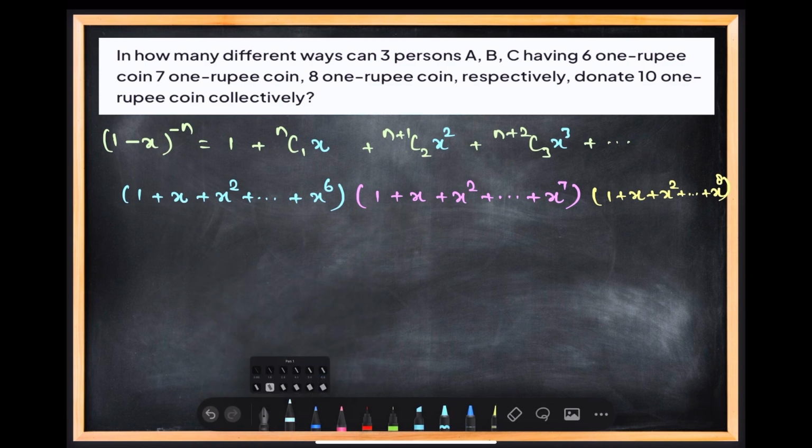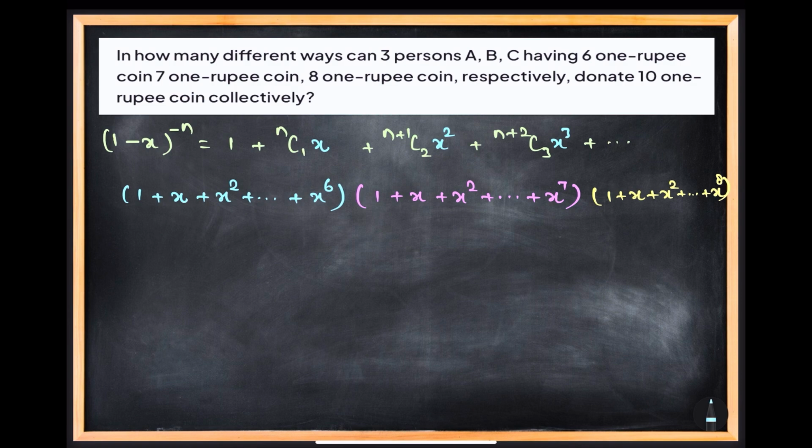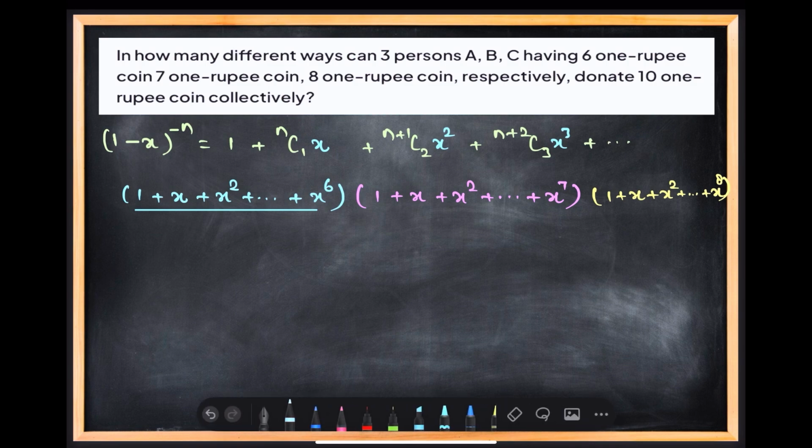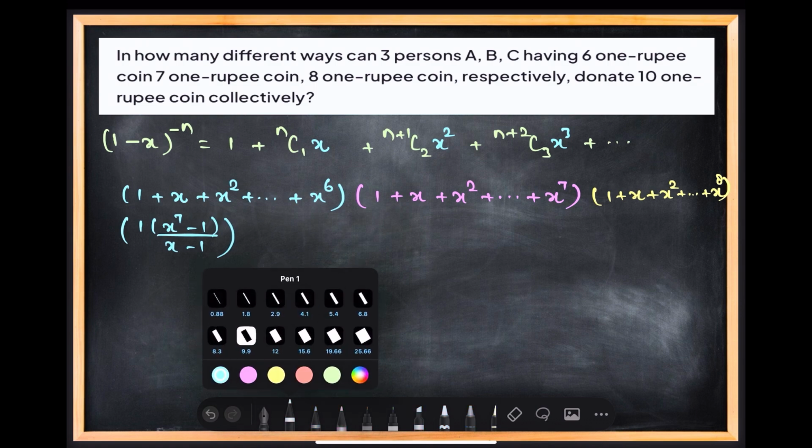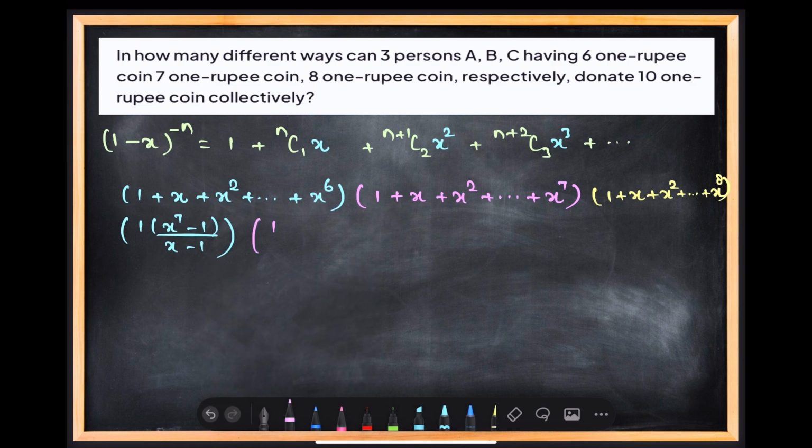You know that it is in GP. This is in GP, it is having 7 terms. Correct. So let's simplify things. Can I write this thing as a(r to the power n minus 1) by (r minus 1)? Then we will write the next element as a(r to the power n minus 1) by (r minus 1), and this thing is having 8 terms.